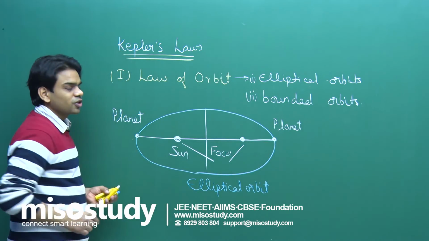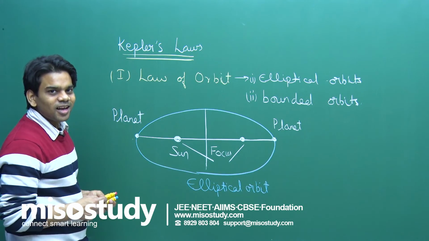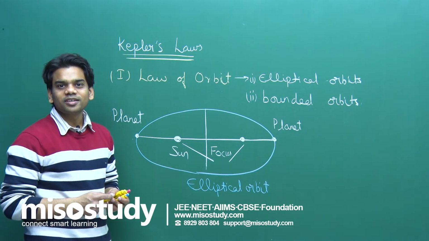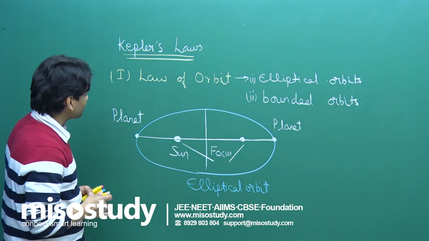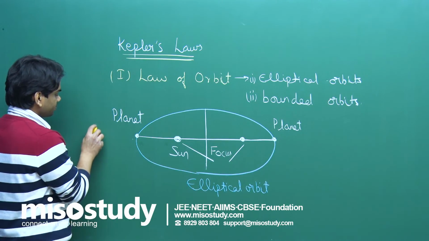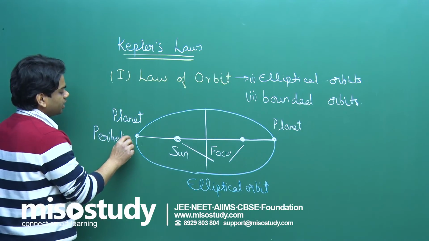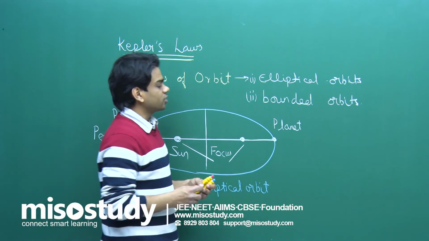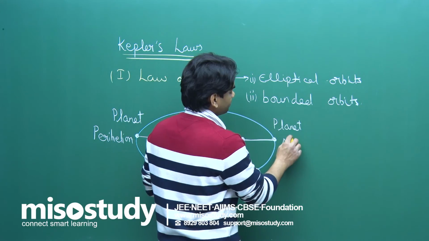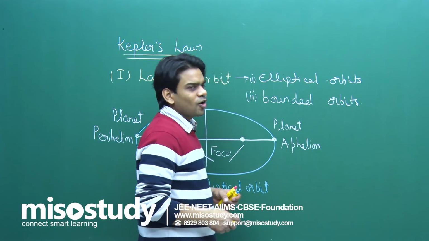What is this position called? In the case of a satellite, we gave apogee and perigee as the farthest and nearest positions respectively. Here the nearest point is known as perihelion and the farthest point is known as aphelion. How can you remember this?